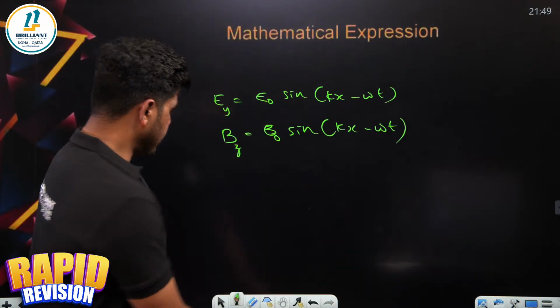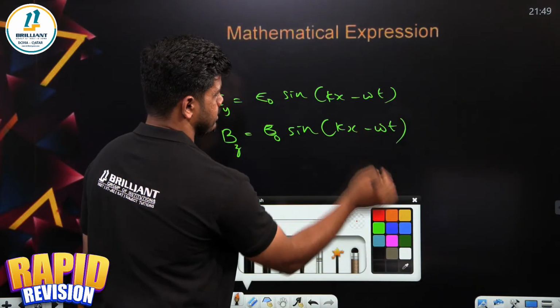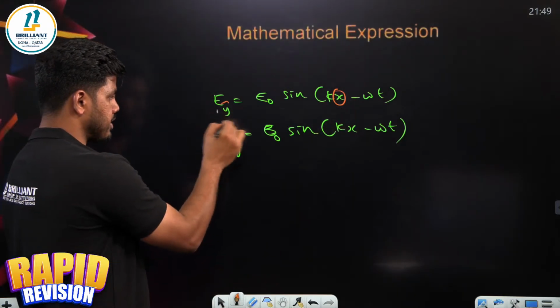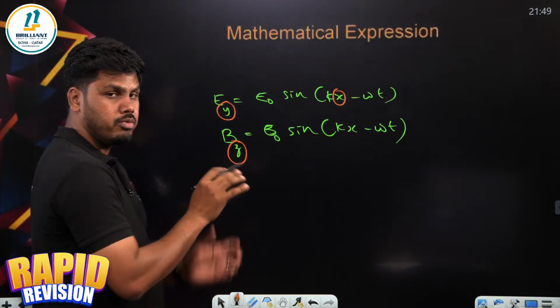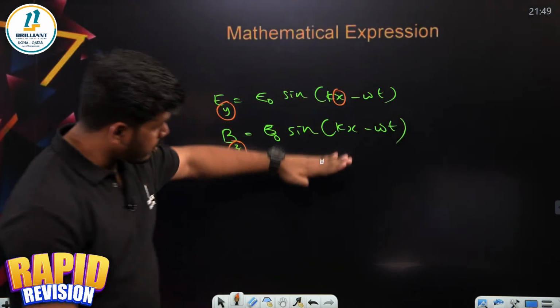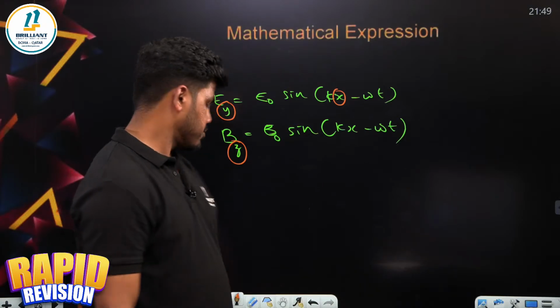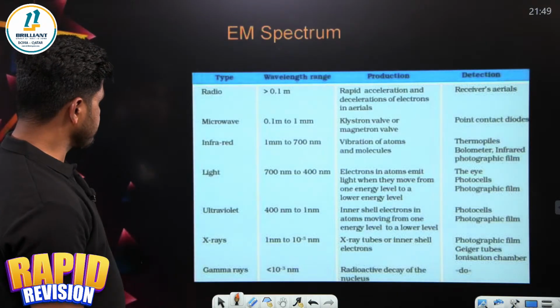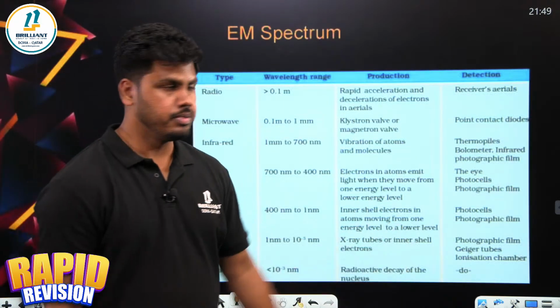We know the direction of propagation, that is x. Direction of vibration of electric field and direction of vibration of magnetic field should be mutually perpendicular. All those concepts I hope you remember. So these equation-related numerical questions are expected.